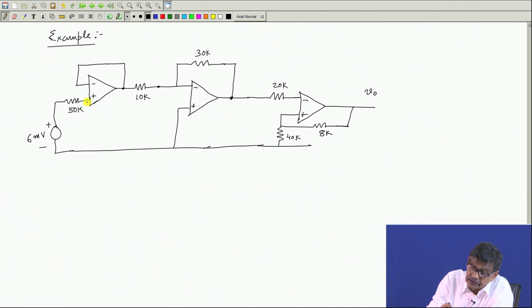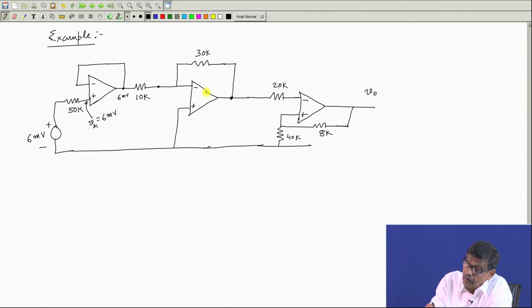So, for this op amp, the non-inverting terminal voltage, that is VB1, is equal to 6 millivolt. If it is 6 millivolt, ideal op amp, negative feedback, this will be also 6 millivolt. So, here this voltage is 6 millivolt, no resistance here, same voltage 6 millivolt.